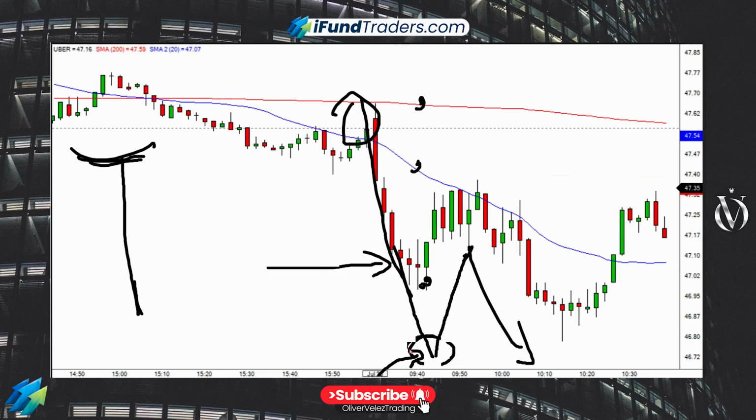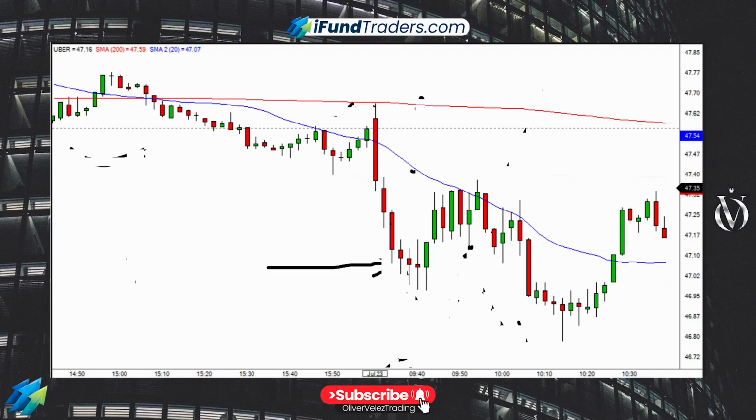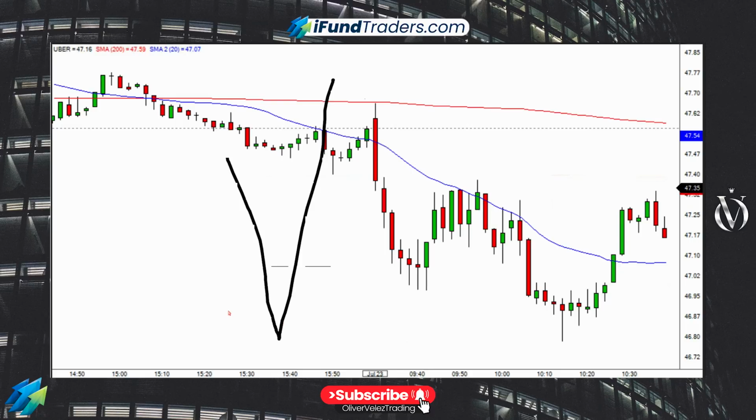So rarely does the first attempt up after a drop lead to a reversal. It can happen. Yes, it happens about 9 to 11% of the time. You get the V bottom. Boom, boom. But that is not frequent enough to put in your trading plan.